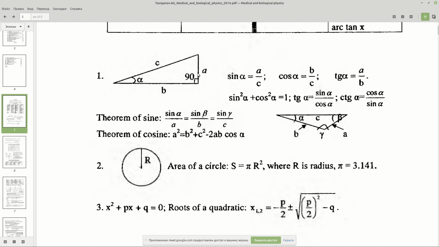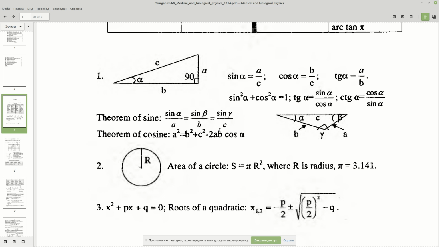words. The term sine is a little bit of a shortening from the Latin semi-recta incrypta. So it's a semi-chord, it's half of the chord of the circle.